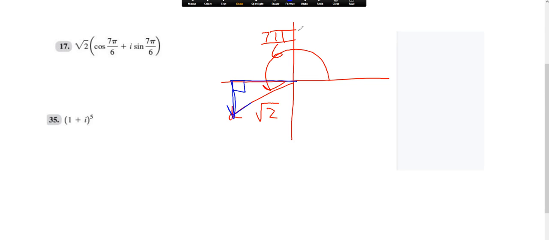We know they're both negative, right? All right, so how are we going to do that? We can use the unit circle, sure. All right. Do you know the cosine of 7 pi over 6? Yes, negative radical 2 over 2.